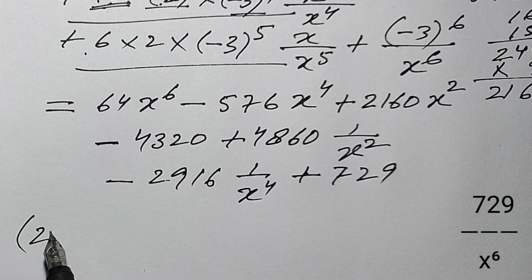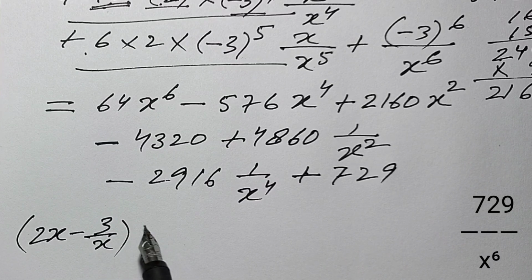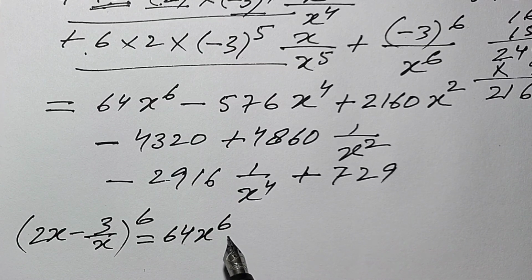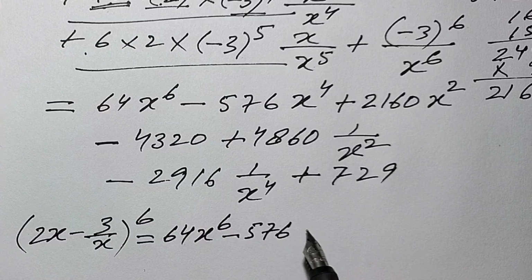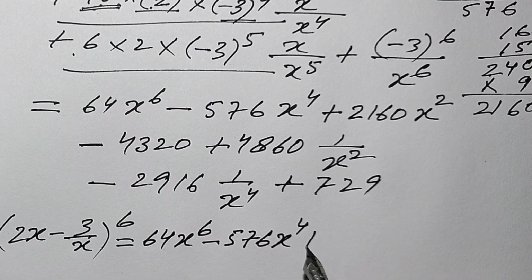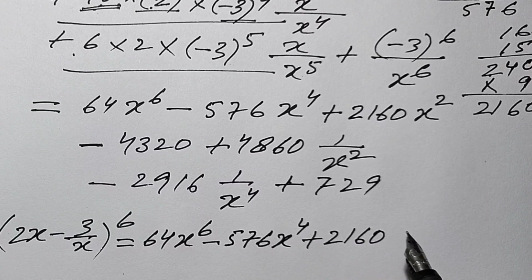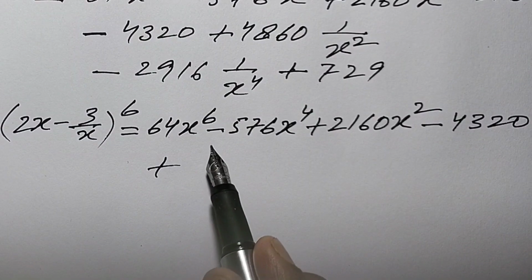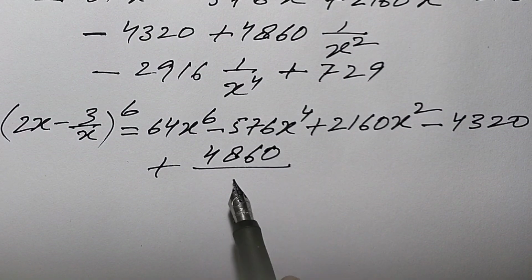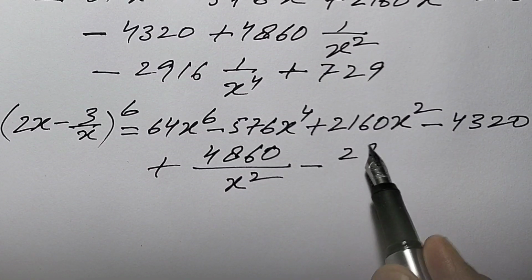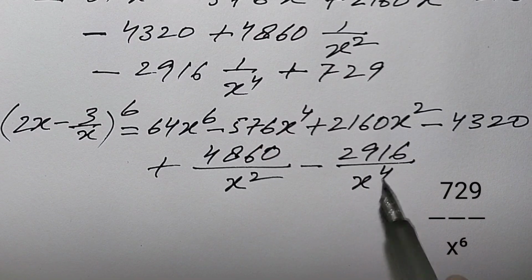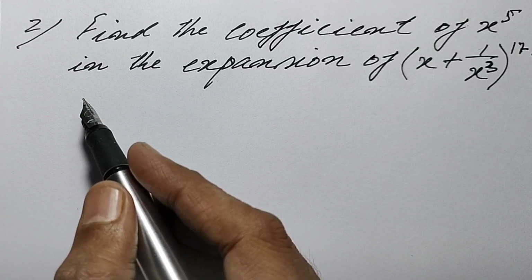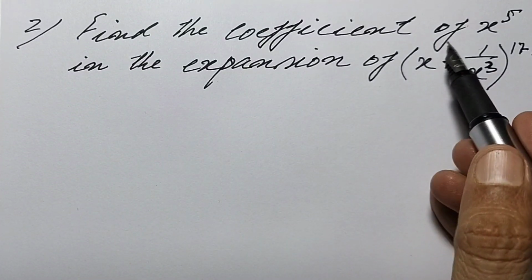So finally, required expansion of 2x minus 3 upon x raised to the power 6 is equal to 64 x raised to the power 6 minus 576 x raised to the power 4 plus 2160 x square minus 4320 plus 4860 divided by x square minus 2916 upon x raised to the power 4 plus 729.